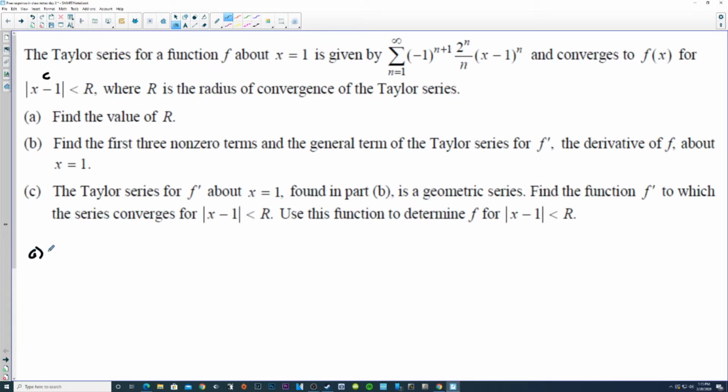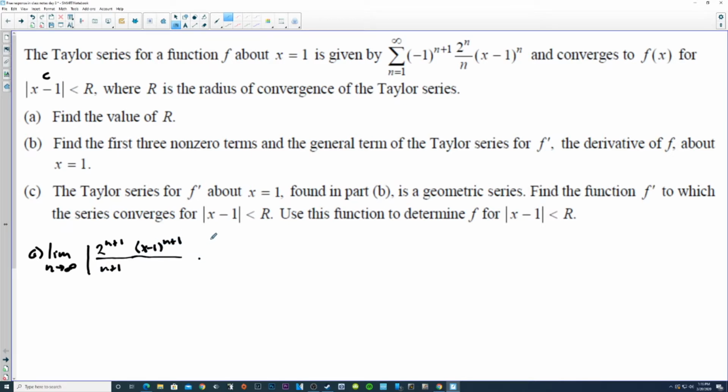So for letter A, let's do the ratio test. Limit as n approaches infinity of, let's switch to this, writes a little nicer. We have 2 to the n plus 1 over n plus 1, and then x minus 1 to the n plus 1.